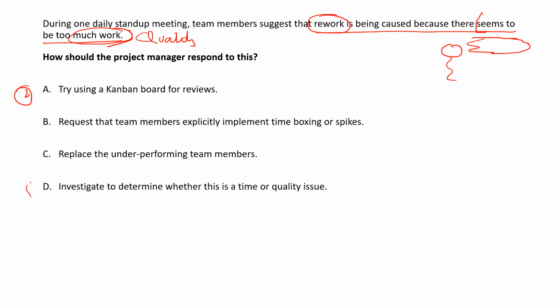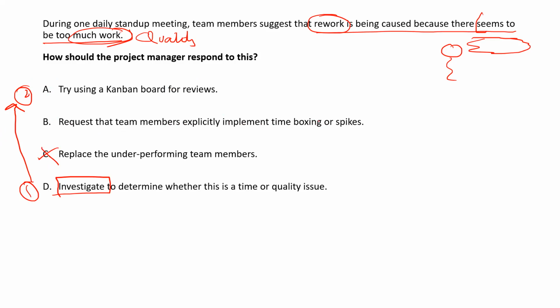First option will always be investigate. If it has happened and if it is happening because of time and quality, whatever the thing is, then we will go through with do this. This is never possible, right? It's not your problem. Request that a team member explicitly implement time boxing or spikes.